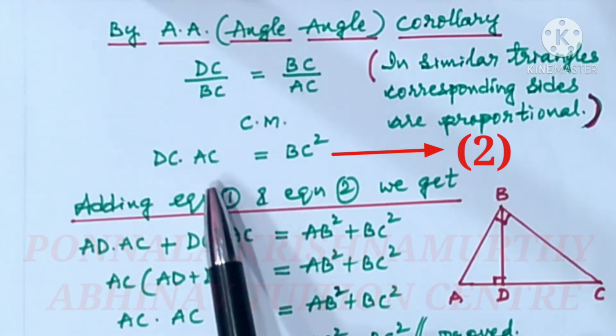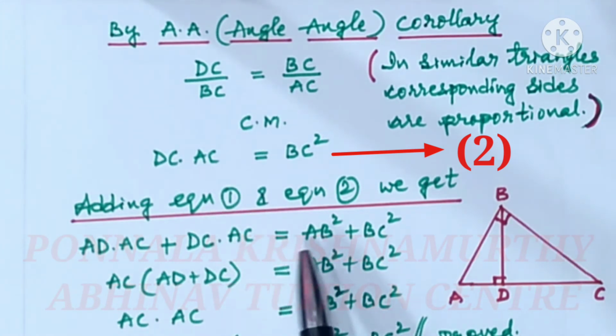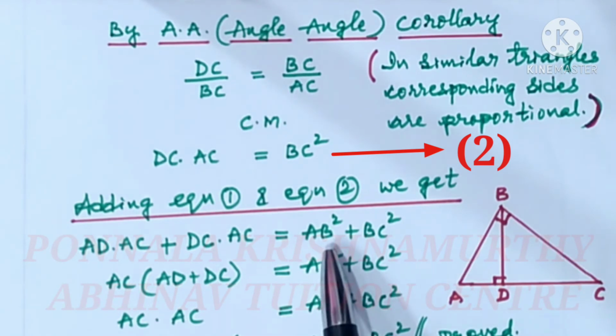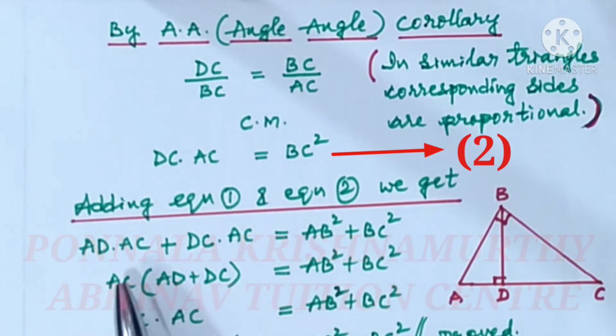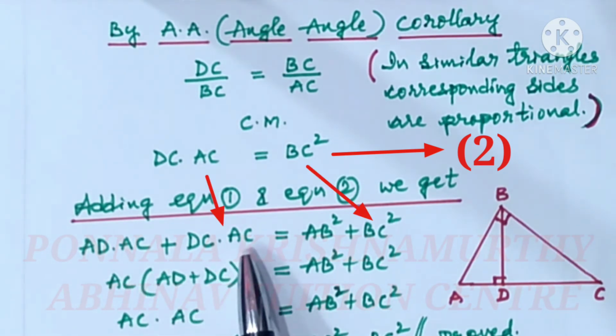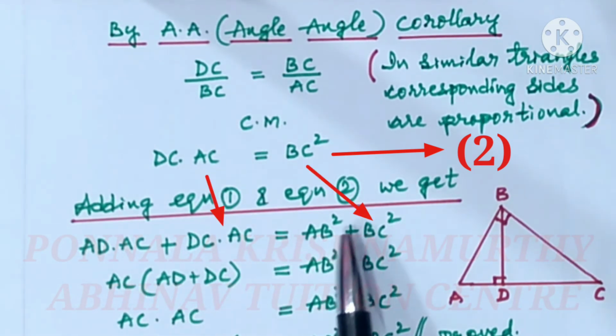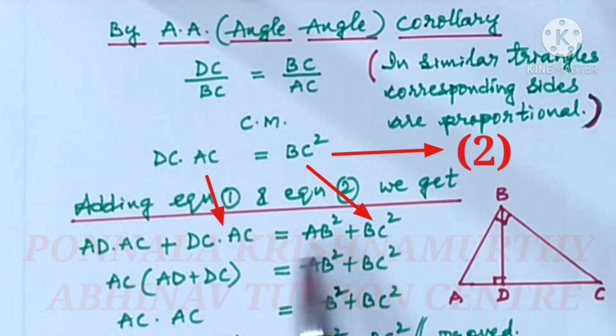hand side of second equation is equal to right hand side of first equation plus right hand side of second equation. In this, AD into AC plus DC into AC is equal to AB square plus BC square. AC is common.